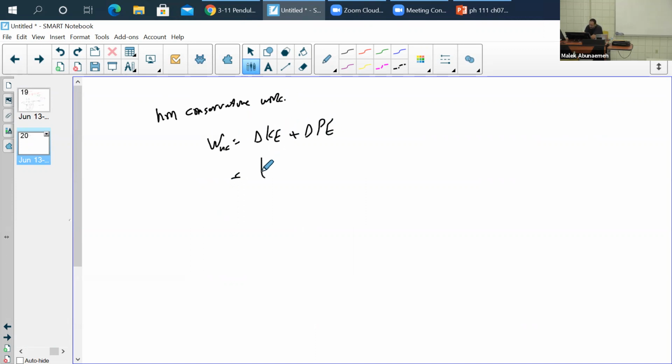In this case, you have your kinetic energy final minus your kinetic energy initial, plus your potential energy final minus your potential energy initial. Well, let's go ahead and organize the finals and initials together. So you're going to have kinetic energy final plus potential energy final minus your kinetic energy, let's go ahead and do this.